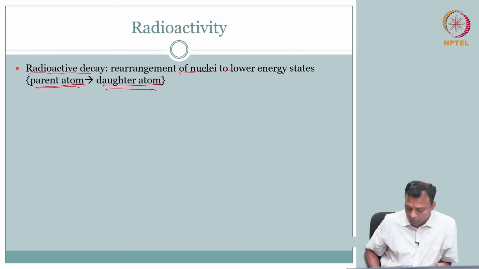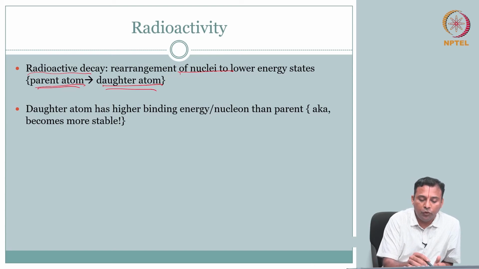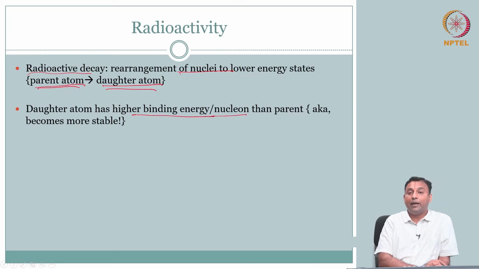The daughter atom is supposed to be more stable. In other words, you can also view it as the daughter atom having higher binding energy per nucleon. Remember the binding energy per nucleon we talked about? If you have more binding energy per nucleon, then it tends to be at a lower energy state.